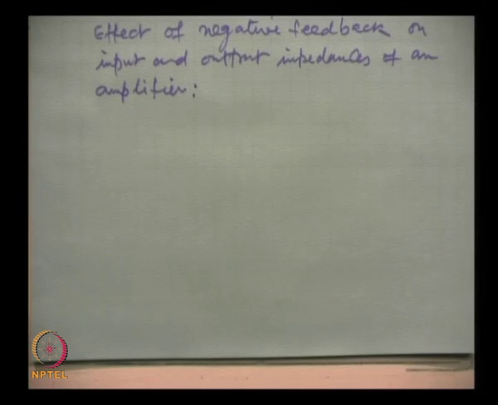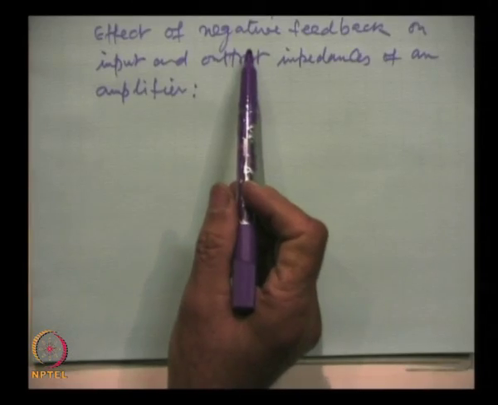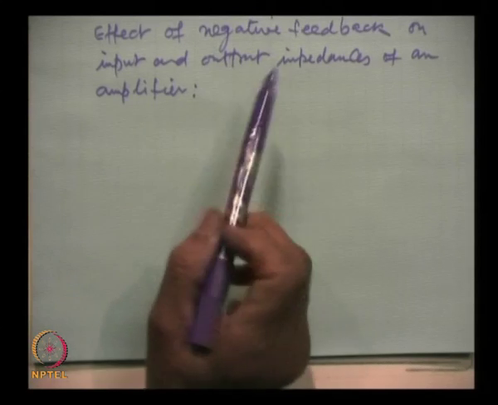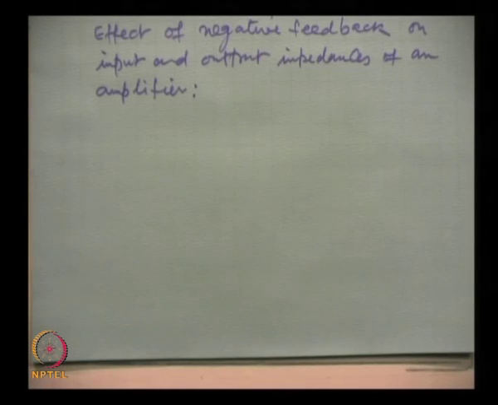I have been saying this, and I am sure you have now understood this statement, that all properties in a negative feedback amplifier are modified to the tune of 1 plus BA, which we will see here also. Now, we are studying the impact of negative feedback on input and output impedances.